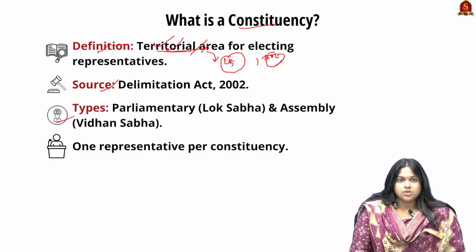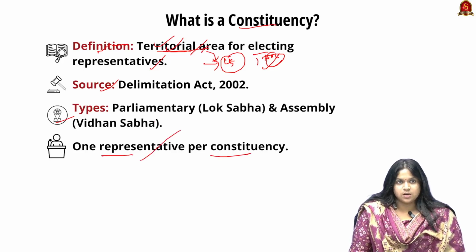So it brings in the territorial division for electing the members for the Lok Sabha as well as for the state legislative assemblies. According to each constituency, there is one representative.